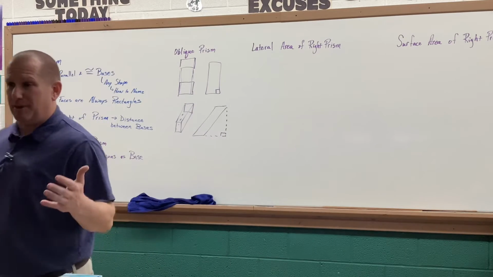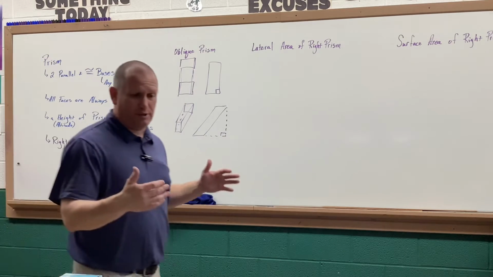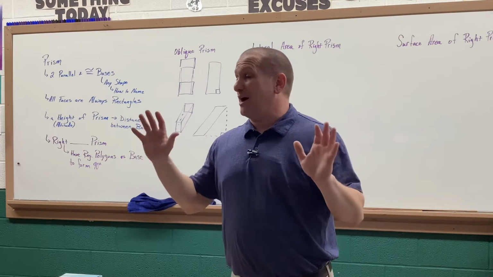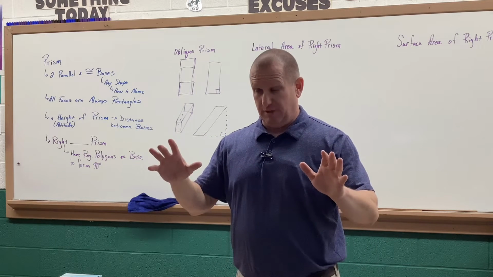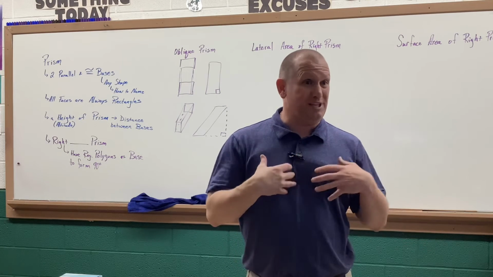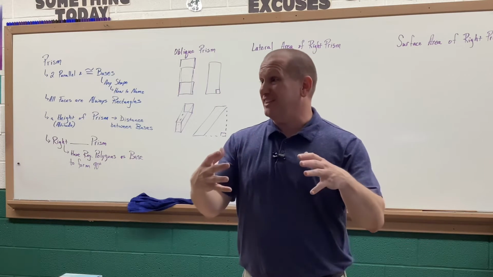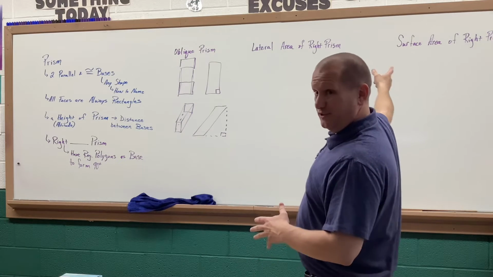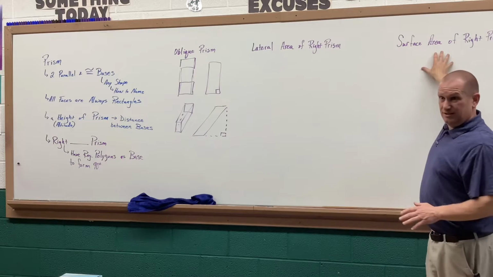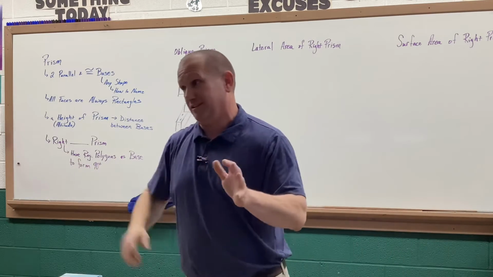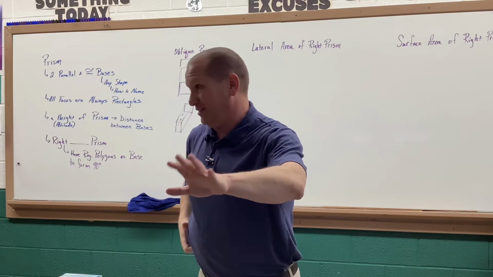So think about this. When I talked to Cam about this yesterday, because he was asking before he went on the golf thing today. Think about wrapping a gift. If you wrapped a gift and you wrapped it perfect, that would be me covering the surface area. I'm covering everything, the sides, the top and the bottom, unless you're really bad at wrapping and you got holes in them.